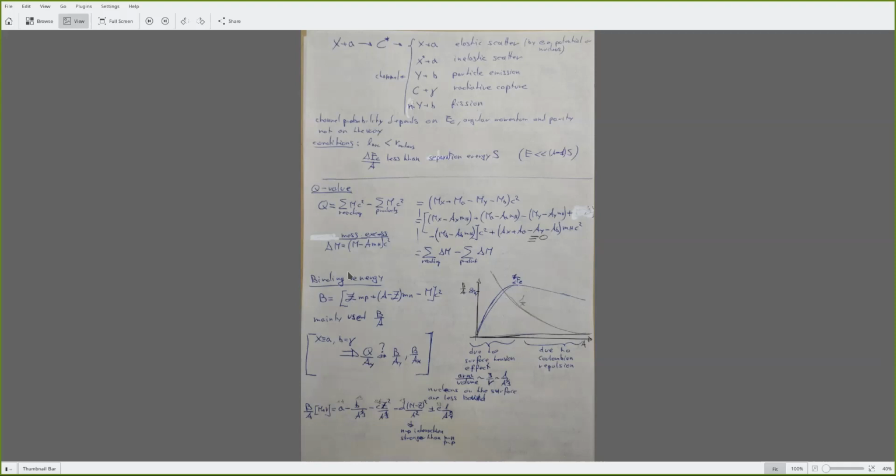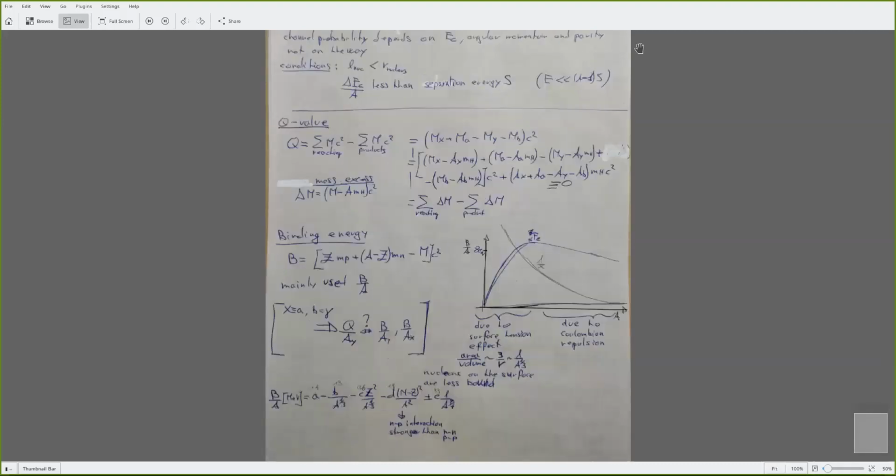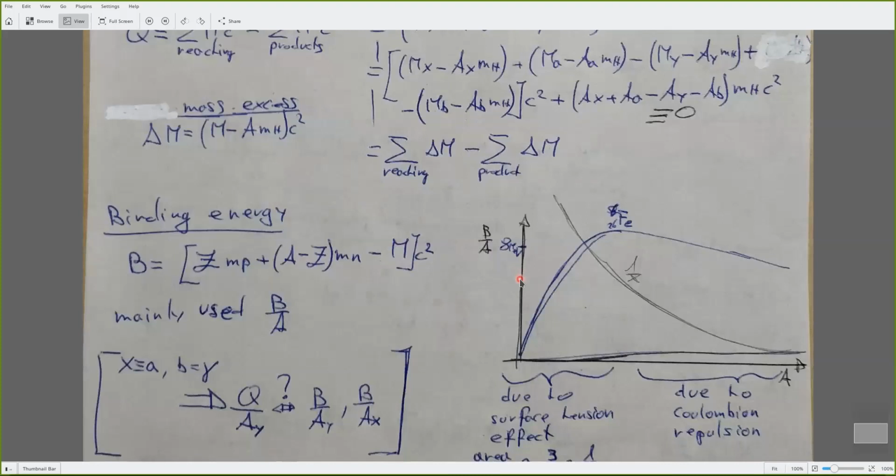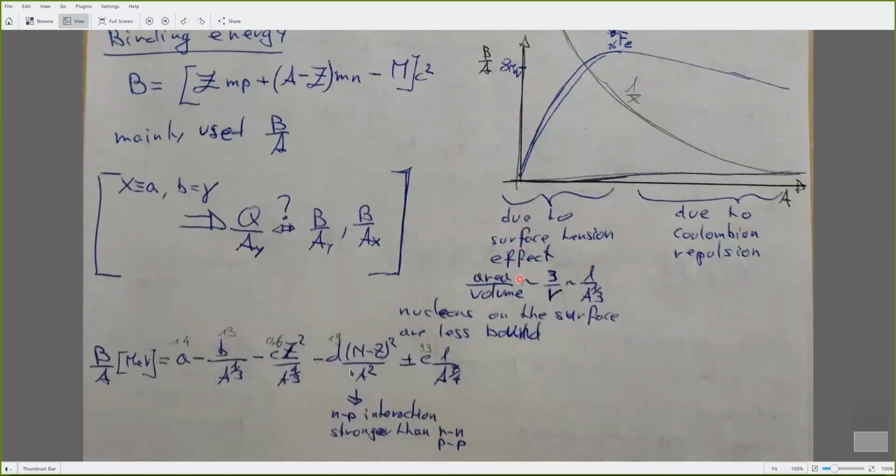The value of the binding energy by number of nucleons, as I showed yesterday, can be approximated with the semi-empirical equation.